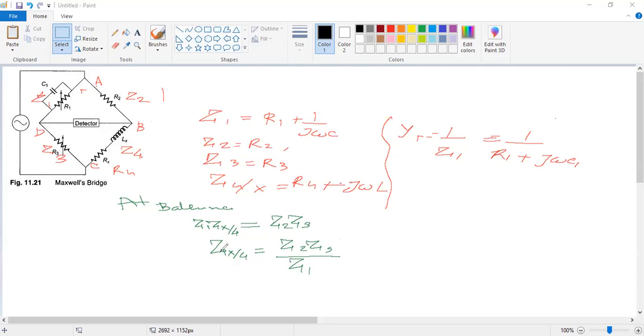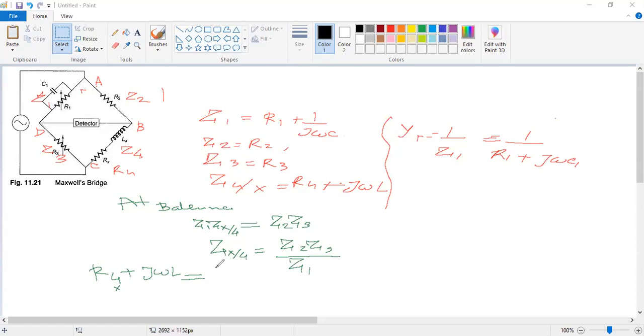So it is found, and now in this way we can also find Lx and RX. Just put this value. If we put ZX equal to R4 plus j omega Lx, where Lx means unknown, I am not writing this, just do it.